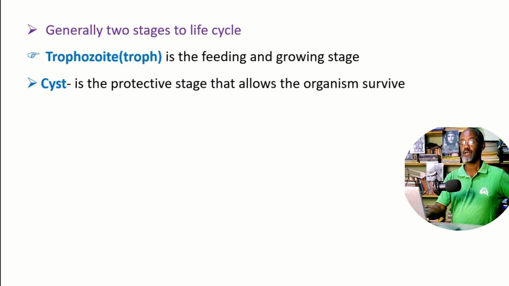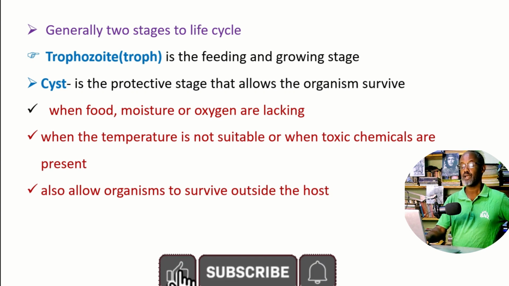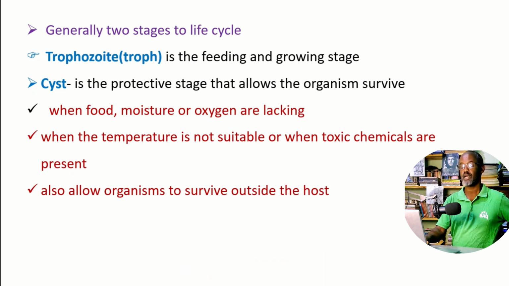Cysts are formed, a protective stage that allows organisms to survive when food, moisture, or oxygen are lacking, or when the temperature is not suitable, or when toxic chemicals are present. Cysts also allow organisms to survive outside the host, like in feces, when these organisms are living in the GI tract, in your digestive system.